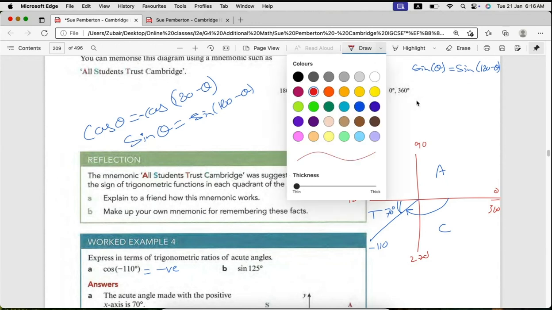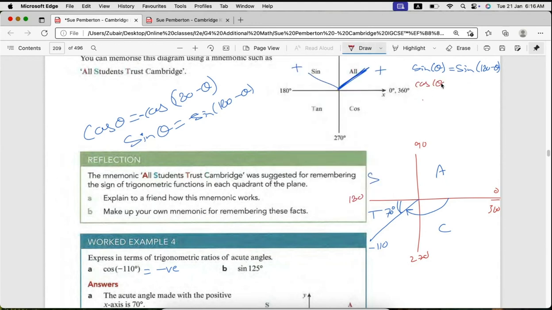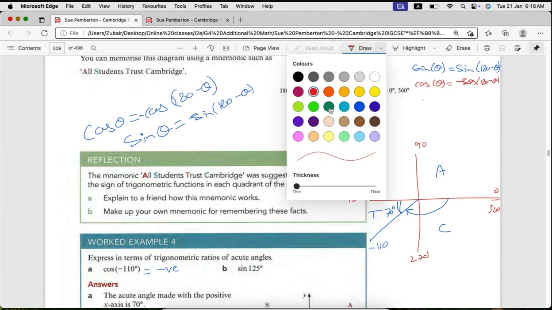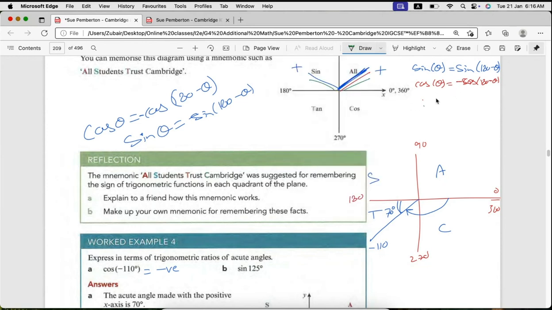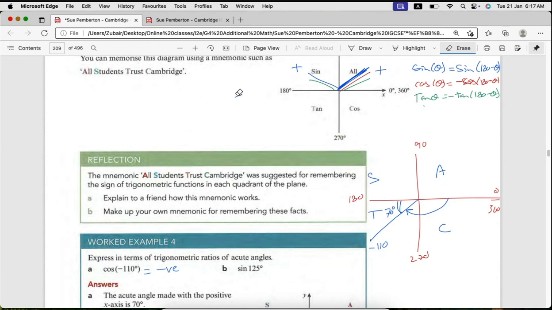Okay. If we look at cos, cos theta is positive in the first quadrant, but when we go into the second quadrant, that is cos 180 minus theta, it would give us a negative value. And we're multiplying with the negative sign just to have an equality. And the third one, tan, same thing as cos. Tan theta is equal to negative tan 180 minus theta. Now coming to the original question, we know this is the 70 basic angle, the concept of basic angle.